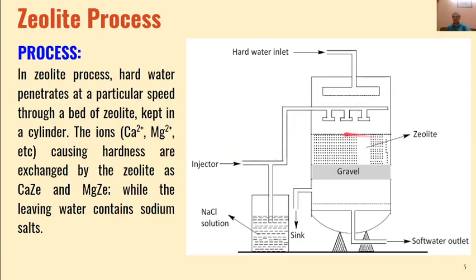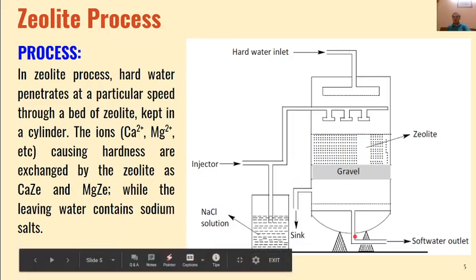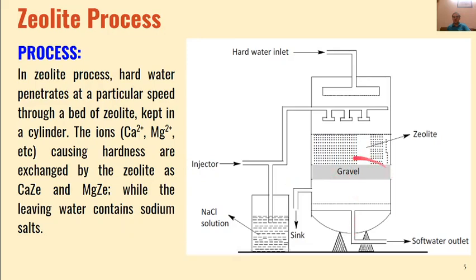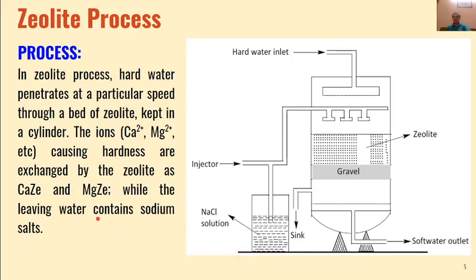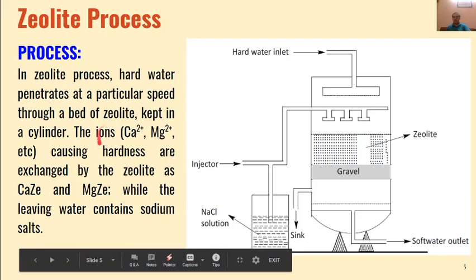This hard water passes through this zeolite bed, and in this bed the calcium and magnesium ions of hard water are exchanged with sodium ions. Through the gravel, the soft water will be taken out from this outlet, and we will get our soft water containing sodium bicarbonate instead of calcium or magnesium bicarbonate.